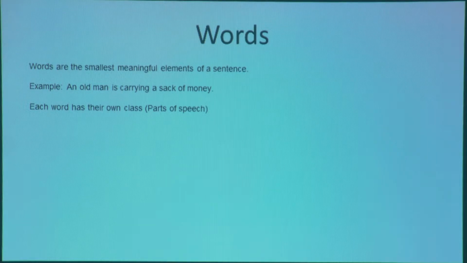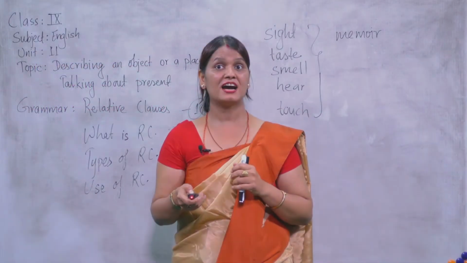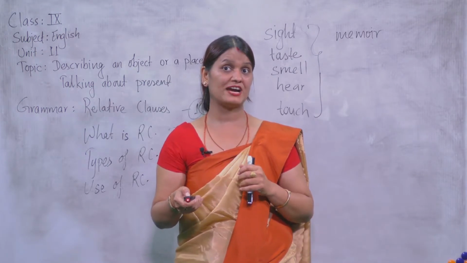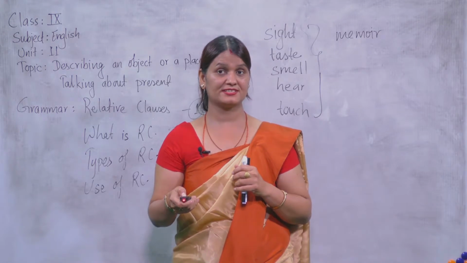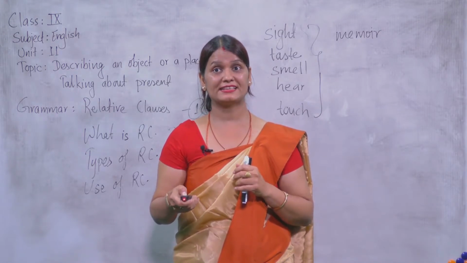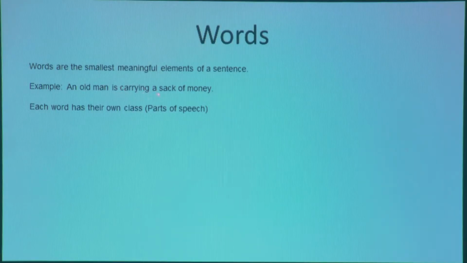So this An is which part of speech then? This is an article. And old, as we had read last time, is an adjective, and man is a noun. Carrying is a verb. A is an article here, sack is a noun, of is, what do you think? Of is a preposition, and money is again a noun.